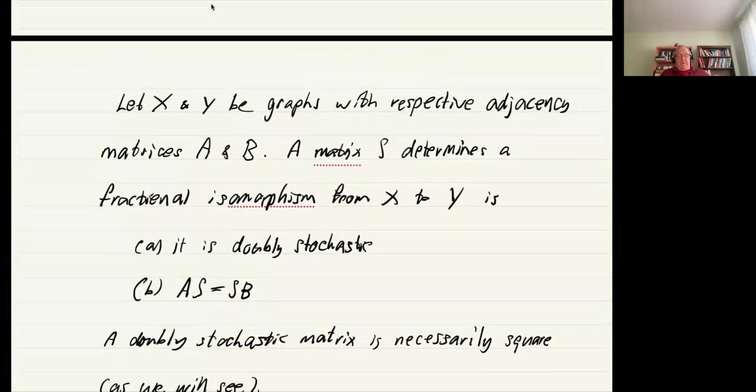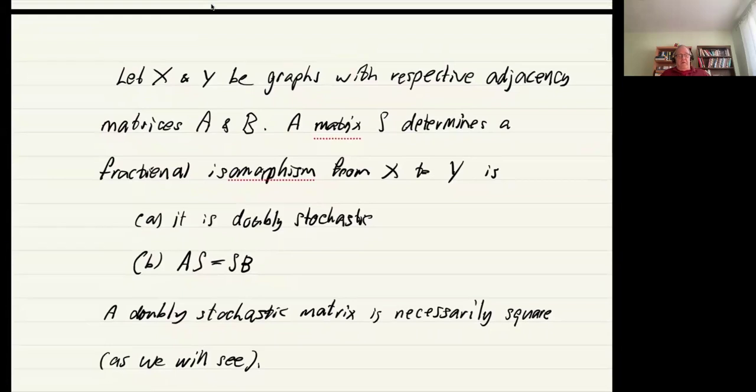The stuff I'm about to describe was introduced by graph theorists, not in the context of anything quantum. Part of what they were attempting to do was to generalize the idea of a permutation, or an isomorphism, to graphs.